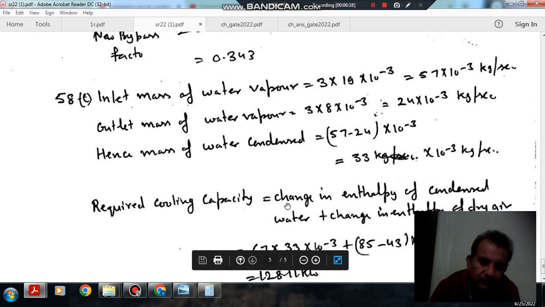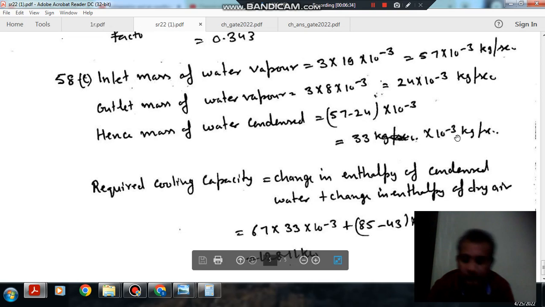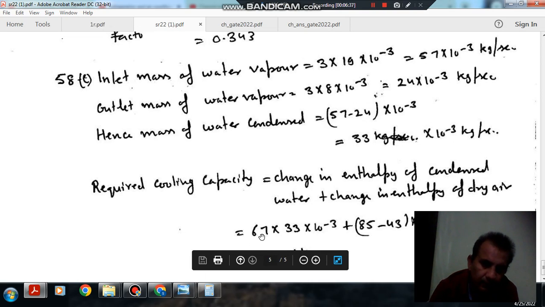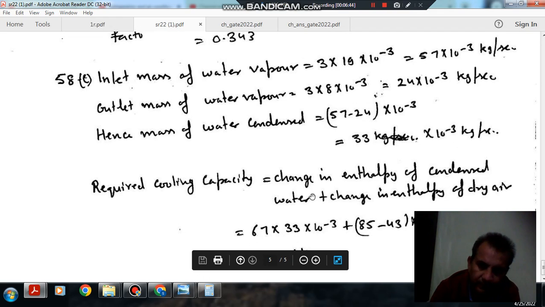So the required cooling capacity is the change in enthalpy of condensed water plus the change in enthalpy of dry air. The change in enthalpy of condensed water: the mass of water vapor condensed is 33 into 10 to the power minus 3 kilogram per second, and the enthalpy of 1 kilogram of water is 67. So this will be the change in enthalpy of condensed water.